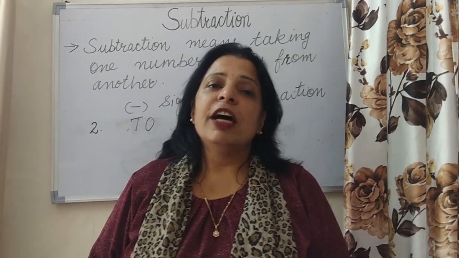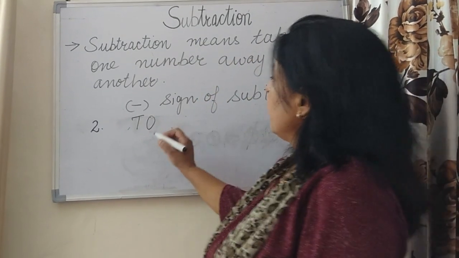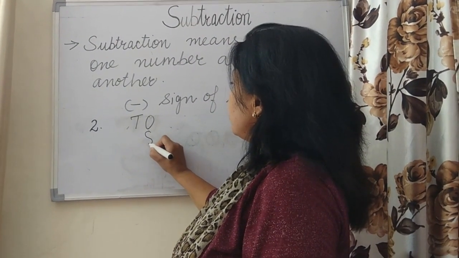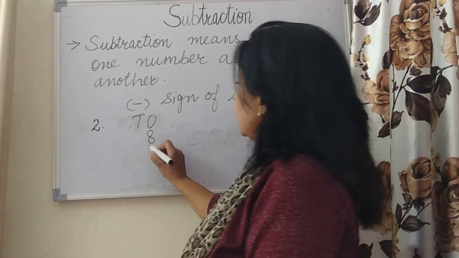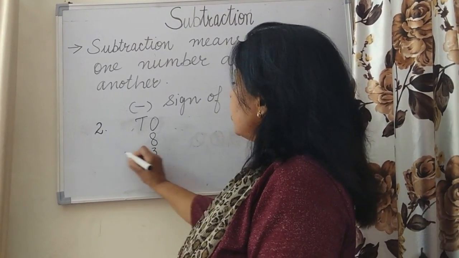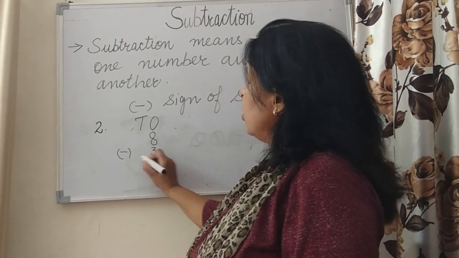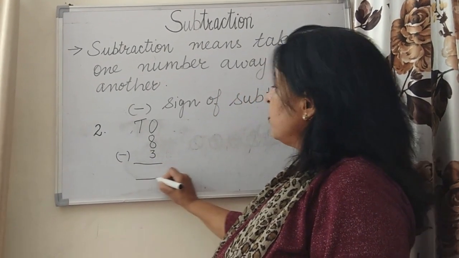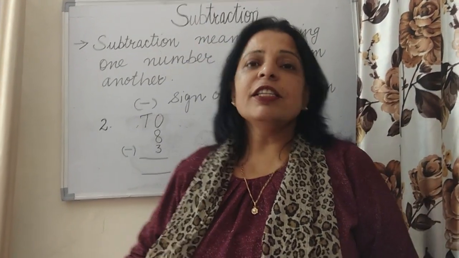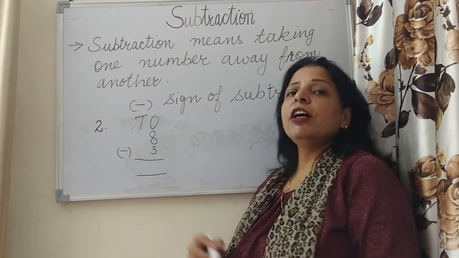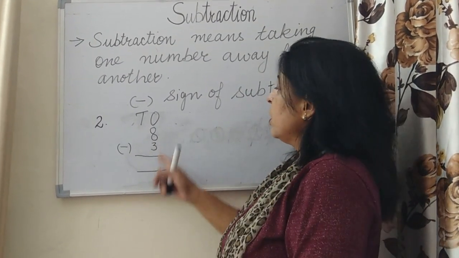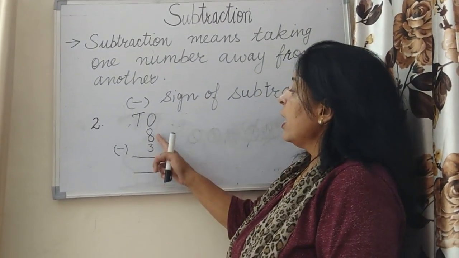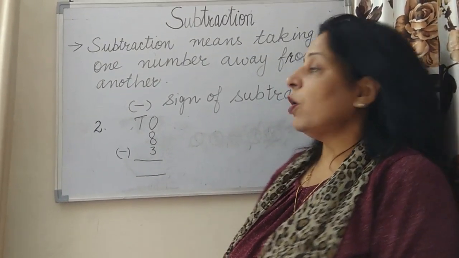Let's count. Earlier there were 8 paper boats. So out of 8, 3 sank. Put the sign of subtraction. Now start subtraction. Yes, you can draw a figure, but without a figure, as I told you in the third step, we are following that step only. 8 minus 3 means how will you do?